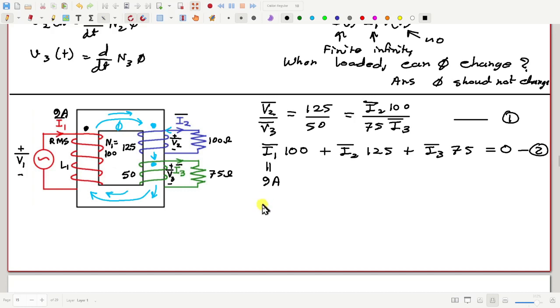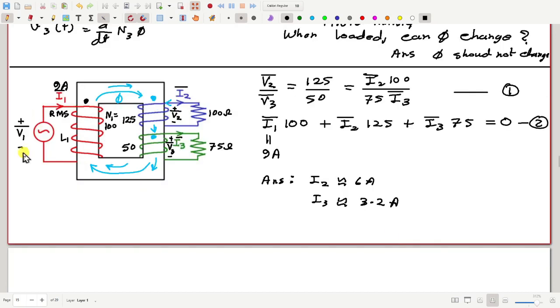According to my calculation, I2 comes out approximately equal to 6 ampere, and I3 approximately 3.2 ampere.